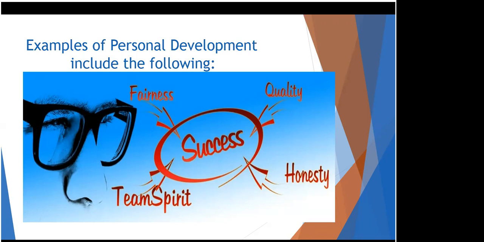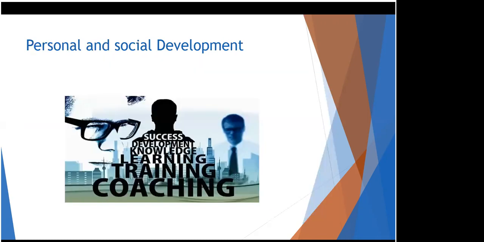Then we move on to another aspect. So I'm showing you these figures just to help you understand what personal and social development is all about. In the next photo that I've just demonstrated there, you can see three individuals.